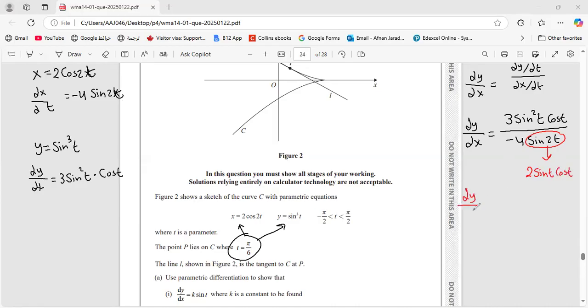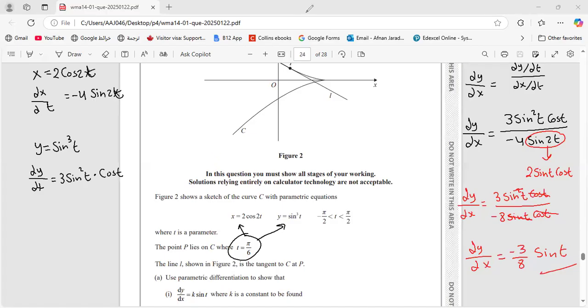So dy over dx equals 3 sine squared t cosine t over negative 8 sine t cosine t. Cross out cosines, cross out sine and sine. Dy over dx must equal minus 3 over 8 sine t. As you will see in part I, dy over dx equals k sine t, where k is a constant to be found. So k equals negative 3 over 8.